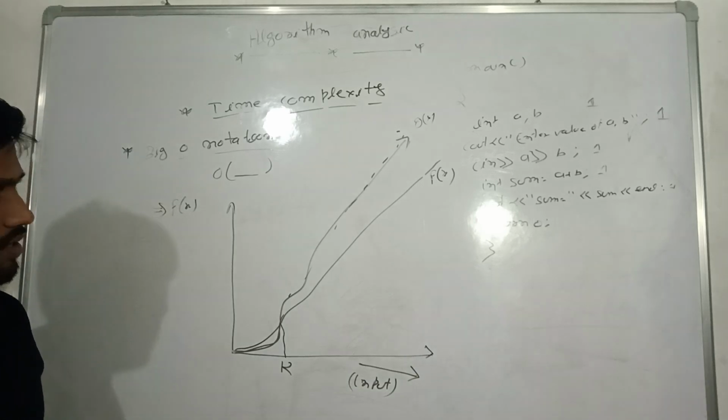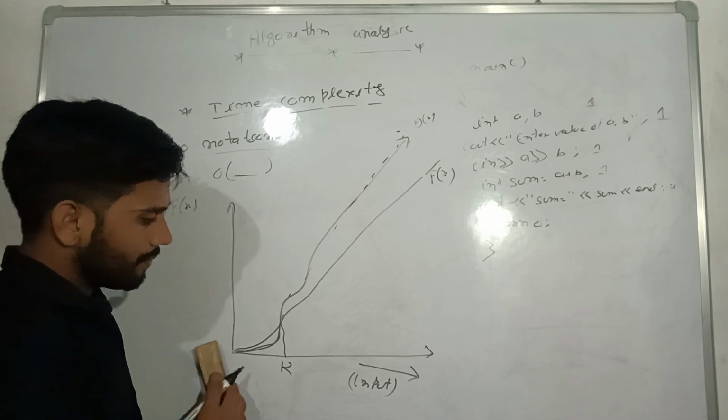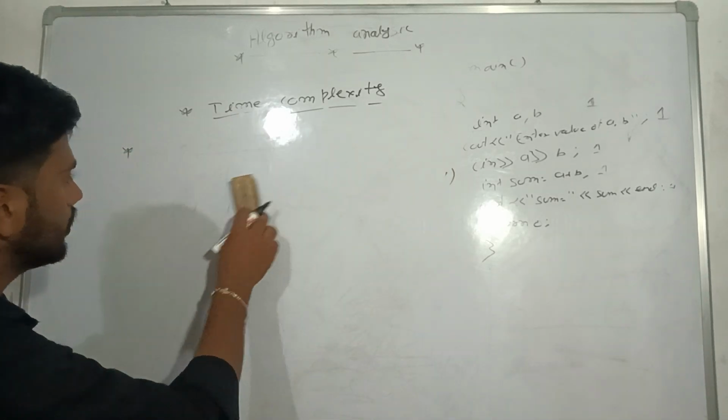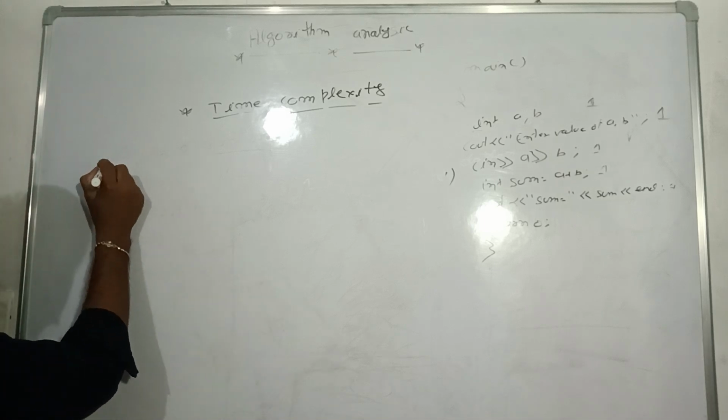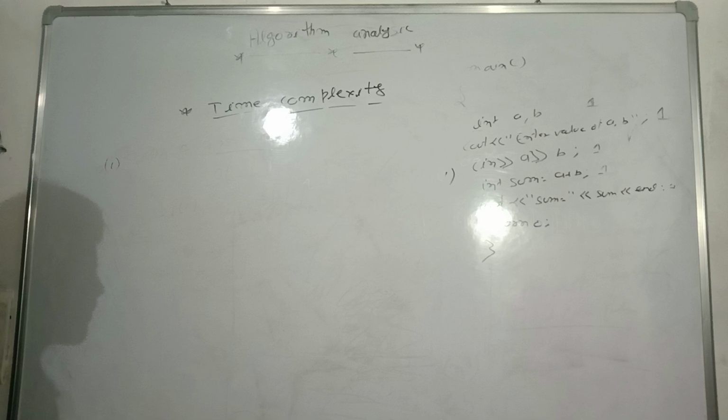In the Big O notation, we will see order of 1.